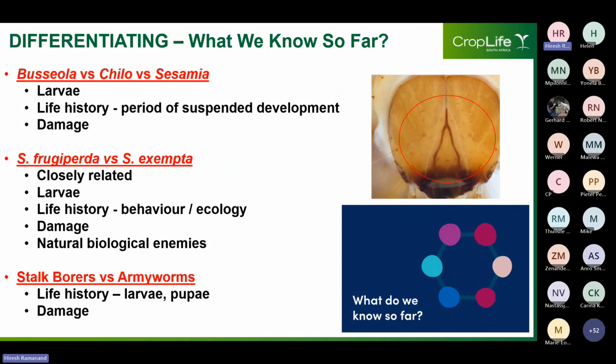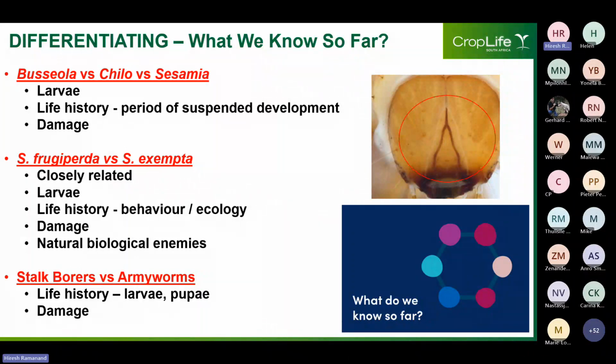In particular, stalk borers lack the 4 black spots forming a square, as is the case in the fall armyworm. And although stalk borers have an inverted Y shape, as can be seen here and also pointed out on their heads, it is a lot darker in color compared to that seen on the larvae of the fall and African armyworms. In other words, it is not easily visible to the naked eye.